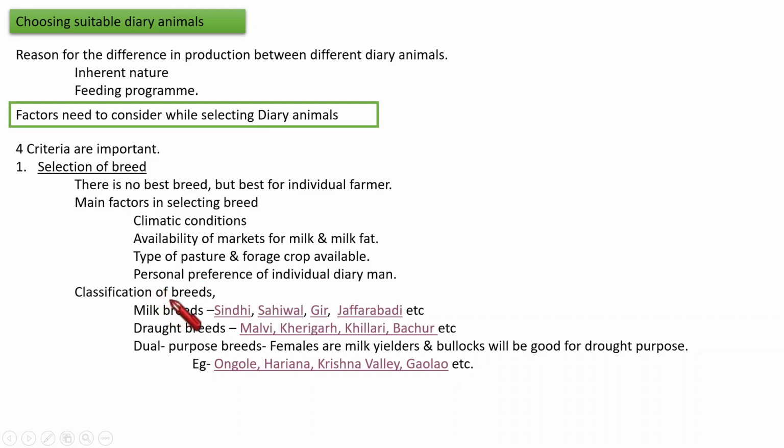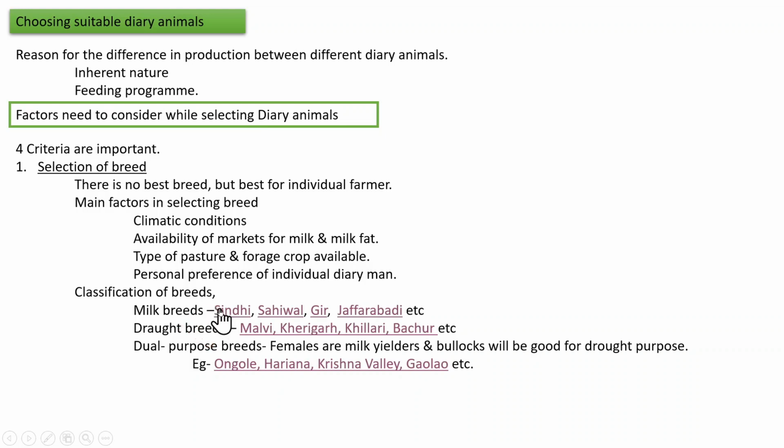Then we can classify breeds according to their use. Milk breeds, draught breeds, and dual purpose breeds. Milk breeds means these breeds are excellent milkers, high milk yielding ones.